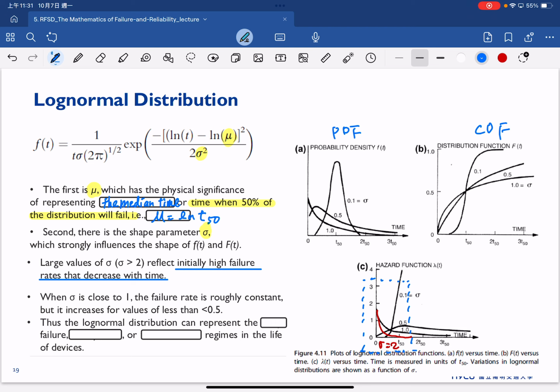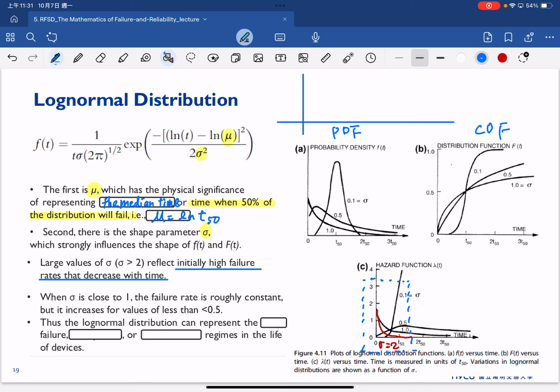Now you may be interested, and sometimes confused, about why the log-normal distribution is important. Because if you recall, at the beginning when we talked about the life of a human being or the life of a semiconductor device, we have a very famous bathtub curve. The bathtub curve looks like this.